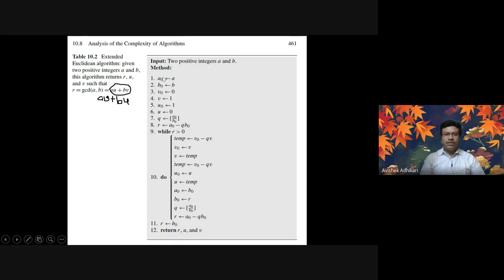Only this many variables are stored, that means the next two lines' variables are stored through this. If you follow this, you will ultimately find that this R value is your GCD, and this is your U and V, so that R can be represented as AV plus BU. So this is nothing but the extended Euclid algorithm.